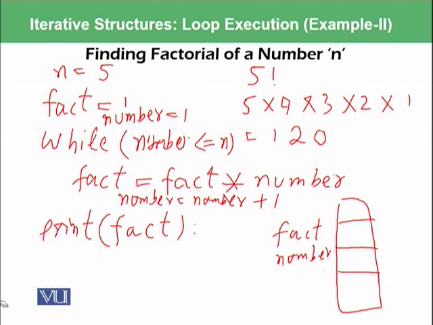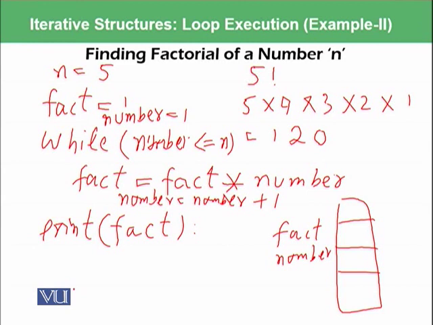So this 6 will be stored in fact and number will be 4, and this 6 multiplied by 4 will become 24, which will be stored in the fact and number will become 5.